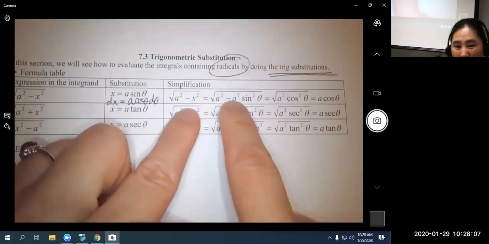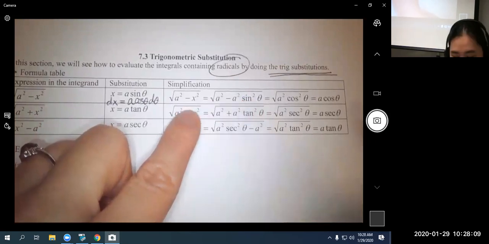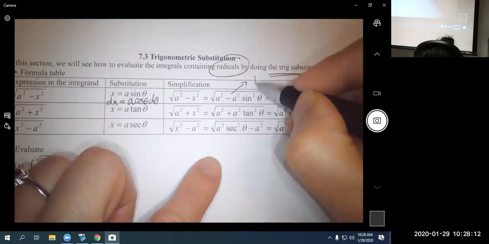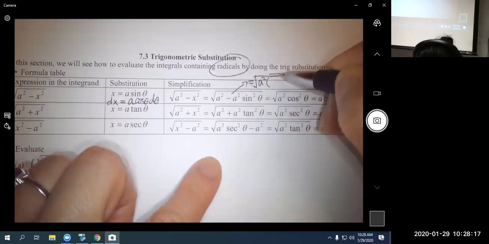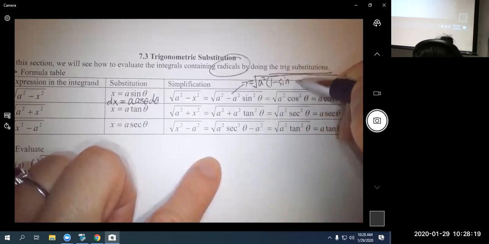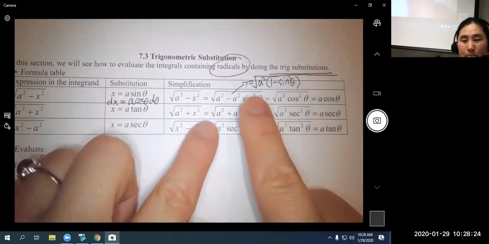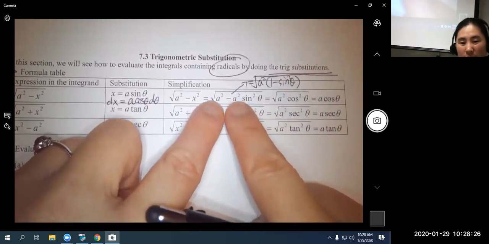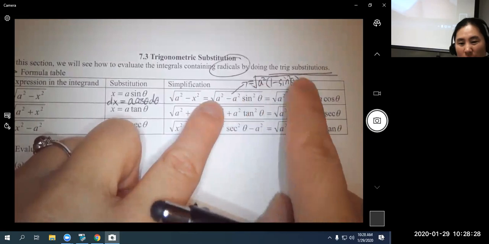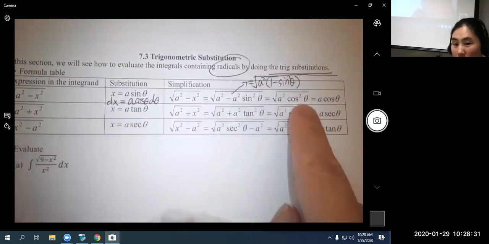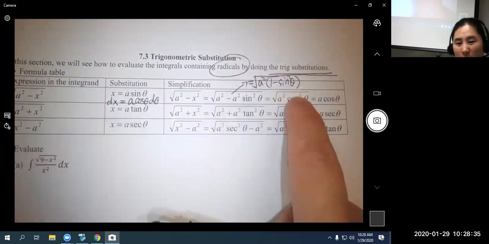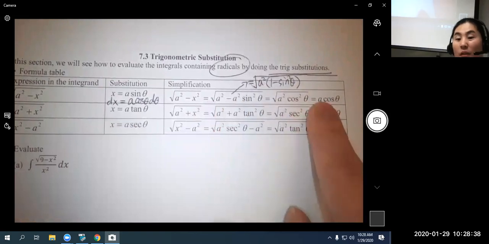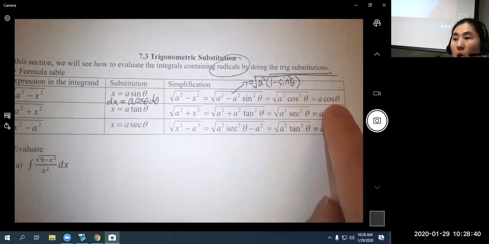So a squared is a common factor, pull it out: the square root of a squared times 1 minus sin of theta squared. What is 1 minus sin theta squared? Cosine theta squared, right? So the square root of a squared times cosine theta squared, the square root cancels out, and gives us a times cosine theta.